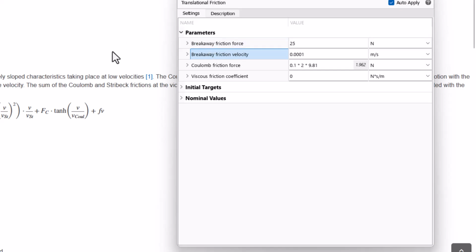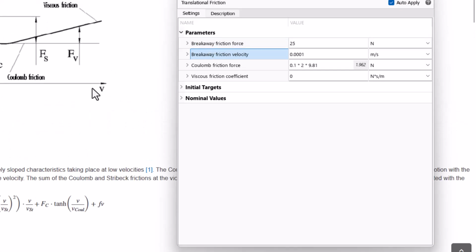And how about the breakaway friction force? You know, there is a difference between static friction force and kinetic friction force. And the friction coefficient for a static case and dynamic cases are different, but we can take them to be equal in this example, since in our code I did not talk about that case. But you probably know that the static friction is bigger than the kinetic or dynamic friction.